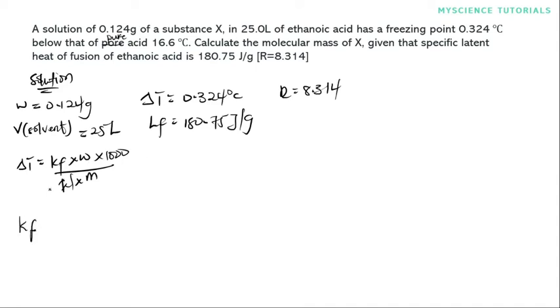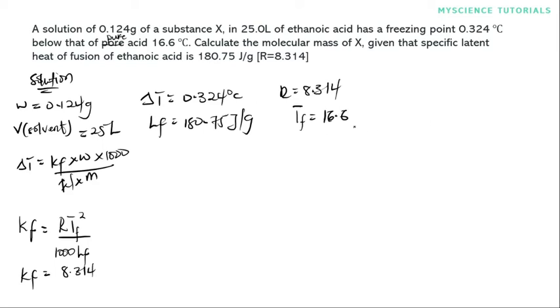Right, so if we calculate the value of Kf, we are going to use the formula R Tf squared over 1000 LF. So it means our Kf is equal to 8.314. This is the temperature of our pure acid, that is Tf, is equal to 16.6. So we use that.